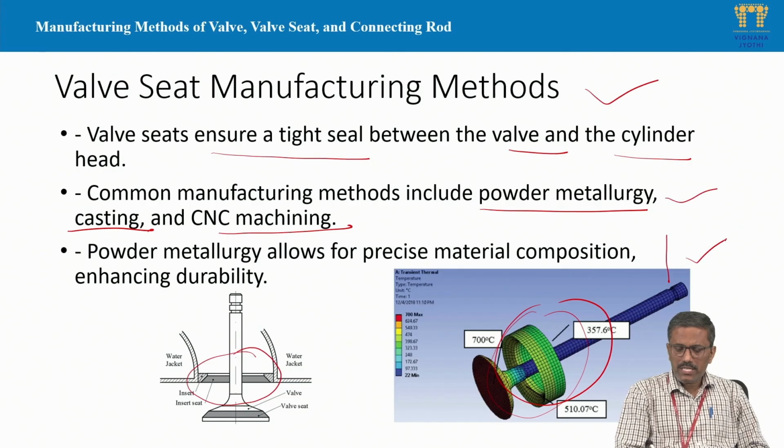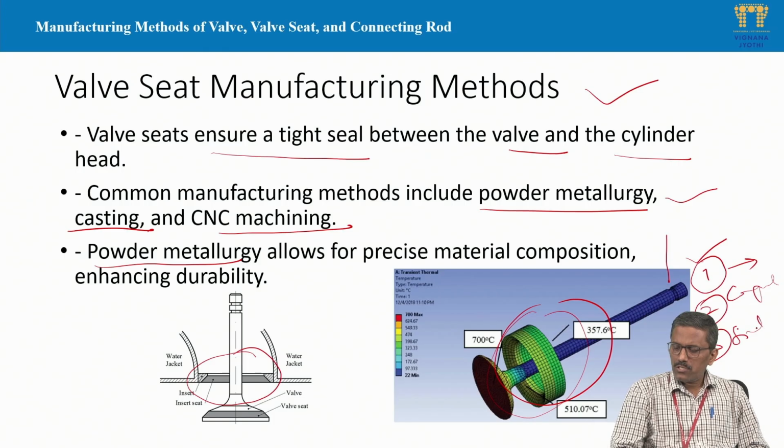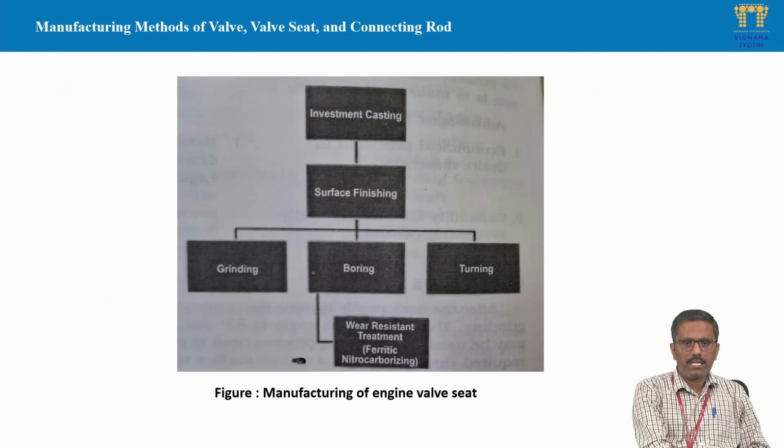So these are the sequence in powder metallurgy: first step is powder mixing, that is, blending, then the compacting process, and then the sintering process, so that we get the required shape, size and dimensional accuracy, which produces a precise material composition and enhances the durability of the valve seat.